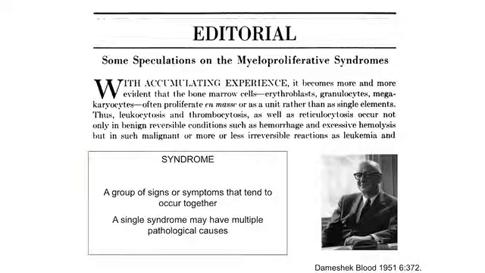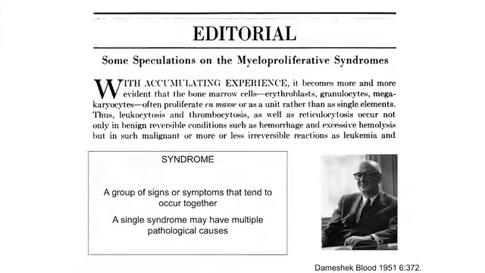So in many ways, this field started almost 70 years ago now with the recognition of a Russian-American hematologist, William Dameshek, who was the president of the American Society of Hematology, who made the observation that there was a cluster of diseases which share overlapping clinical and pathological features.